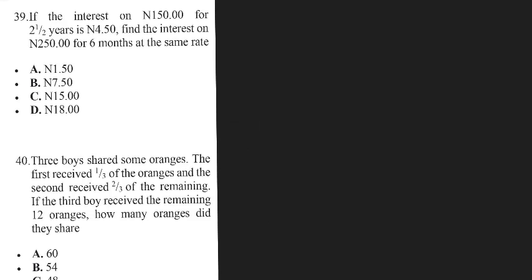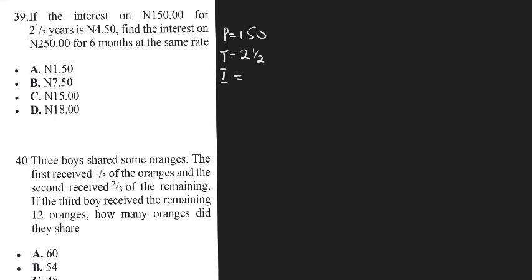All right, number 39. It says if the interest on 150 naira for 2.5 years is 4.5 naira, find the interest on 250 naira for 6 months at the same rate. So the principal here is 150 naira for 2.5 years, that's the time, is 4.5, so that's the interest.